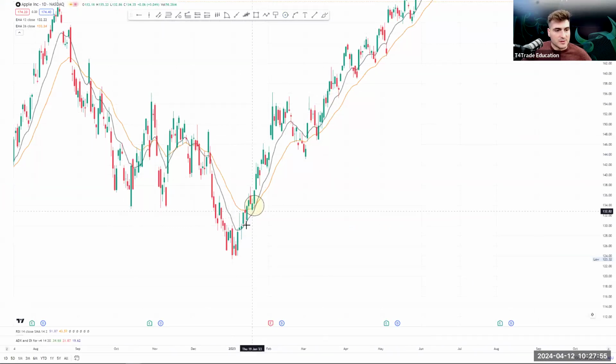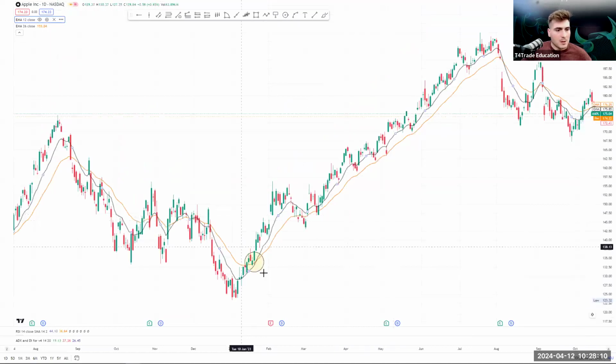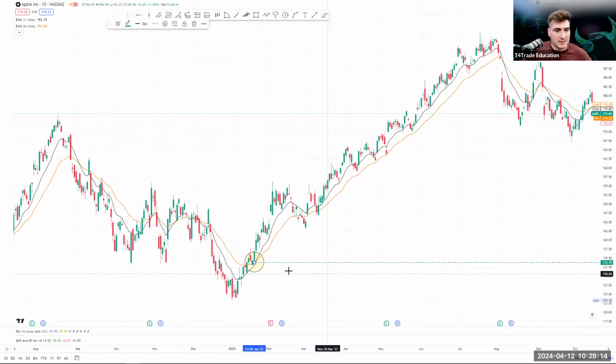The black line is the 12 period, so the short-term moving average is the 12 period here. The short-term moving average is the black line, and we have observed it crossing above the golden line or the yellow line, which is the long-term moving average.